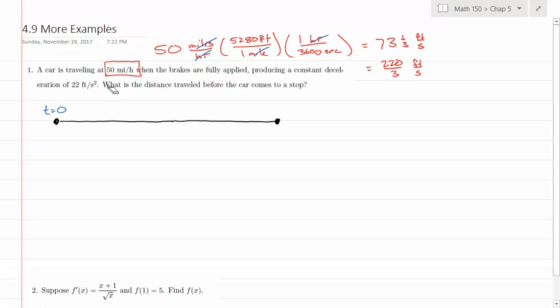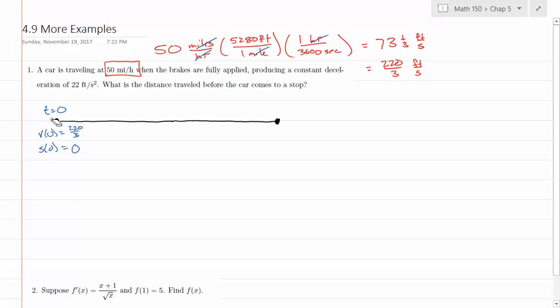When t equals 0, we know that the velocity, so v of 0, is 50 miles an hour, but I'm going to write that as 220/3. Okay, that's the initial velocity. That's the velocity that the car is going before the brakes are applied. The initial position, s of 0. Let's just declare that this right here is position 0. Okay, so s of 0 is 0.